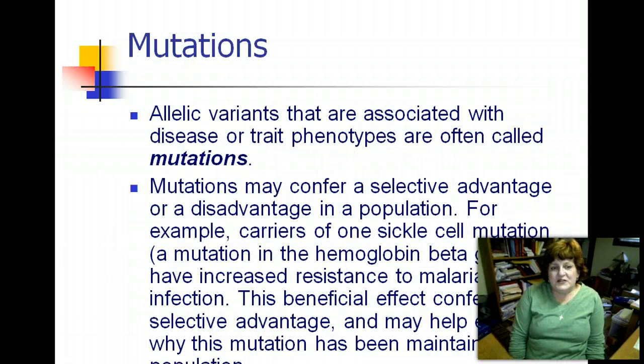The variants that are associated with disease or trait phenotypes are often called mutations, and they can confer a selective advantage. Remember I said before that not all mutations are harmful to an organism. One example that we frequently use is sickle cell. Carriers of a sickle cell mutation in the hemoglobin beta gene have increased resistance to malaria, and this is beneficial, and it can help explain why this mutation has been maintained in the population and has not evolved out.